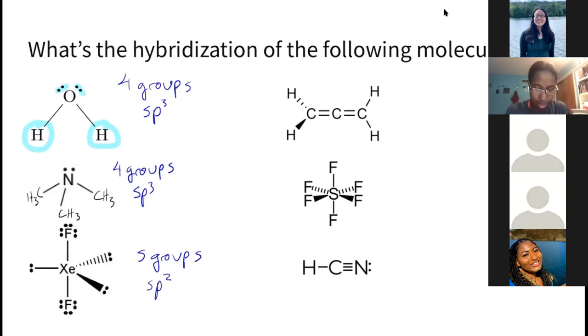Awesome. Now, moving up to this molecule, which you might have seen on some of the 2070 practice exams. I know I definitely have. What is the hybridization of this molecule?